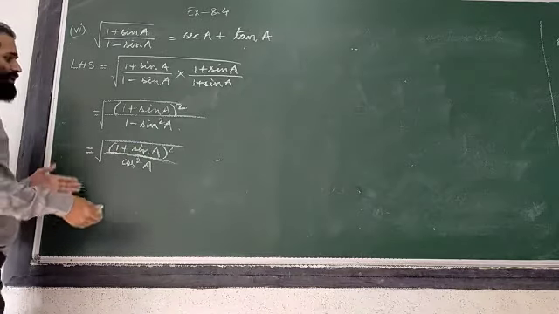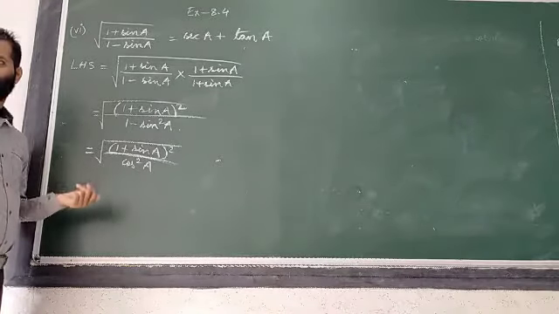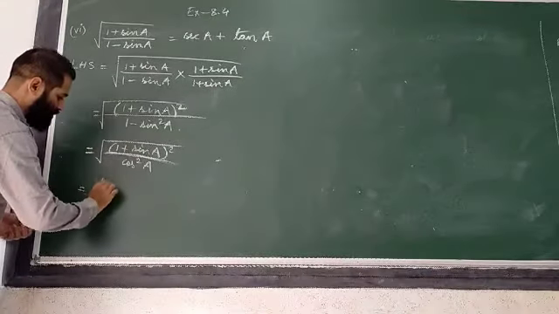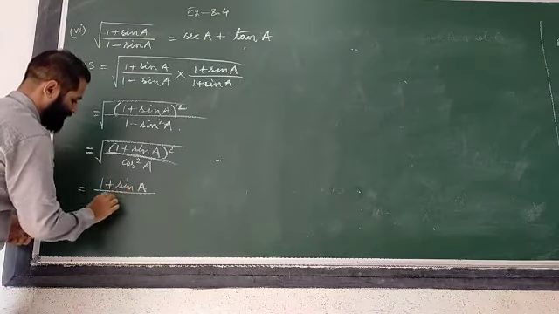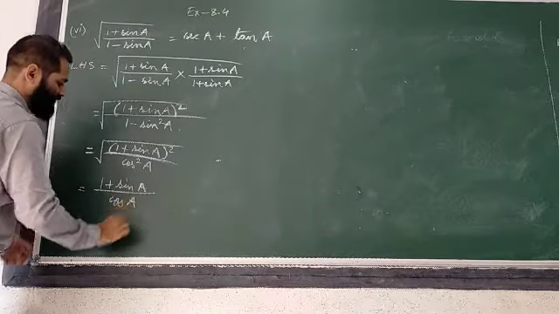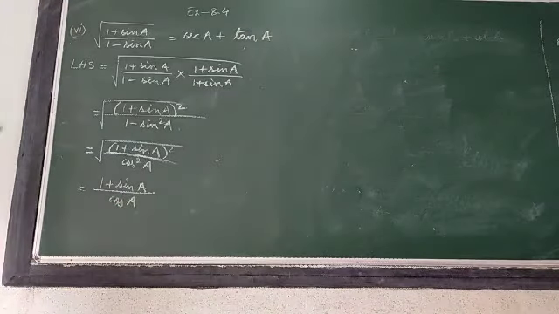So you know the characteristic of a root: if you are having a pair, one number will come out. So this can be written as 1 plus sin A, and this can be written as cos A. Any confusion?